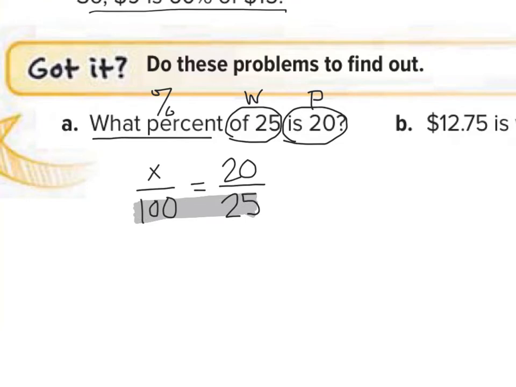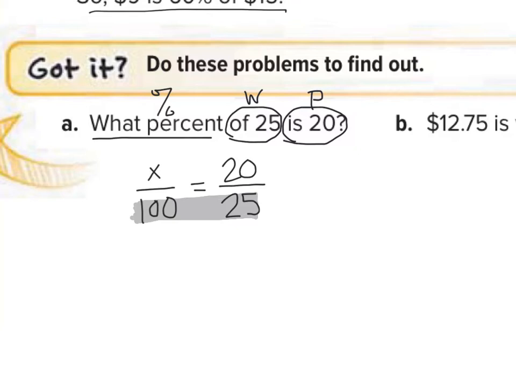So in this particular problem, I am noticing that there is a relationship between the denominators that's pretty easy to figure out. If I'm going to turn 25 into 100, I would have to multiply 25 by 4. Since 25 times 4 would give me exactly 100, then I can use that relationship.